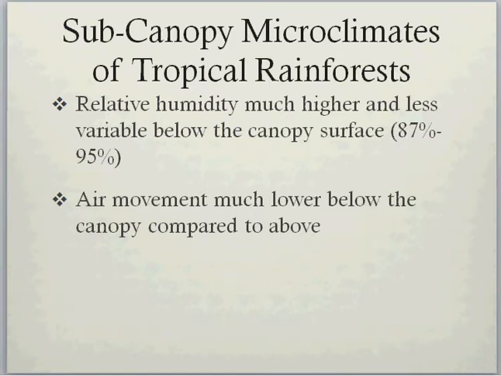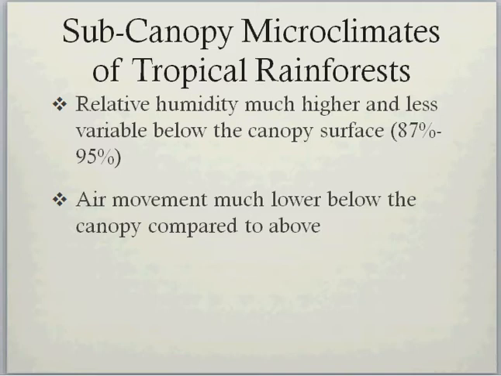All those layers of leaves act as a blanket and basically prevent wind penetrating into the bottom of the canopy. So the relative humidity stays much higher and less variable, as all the water evaporated and transpired into the sub-canopy remains in the understory, keeping the humidity high.